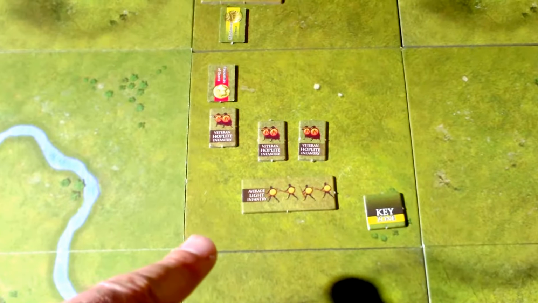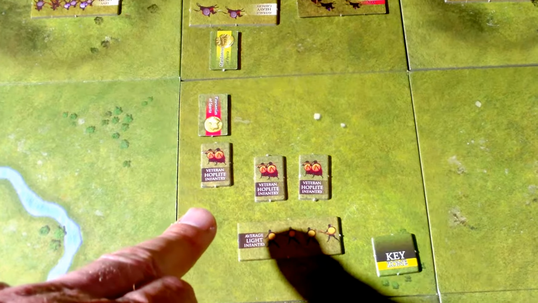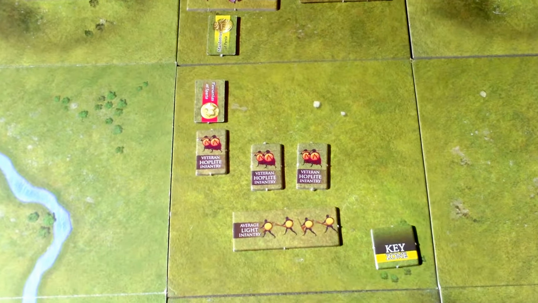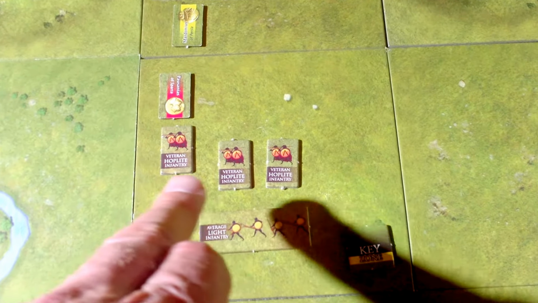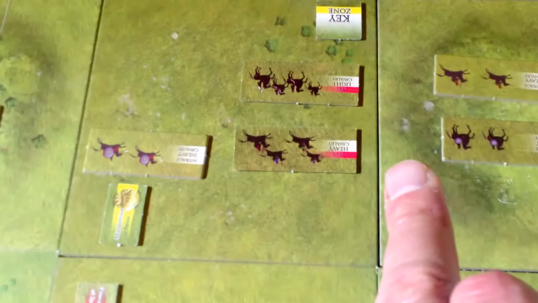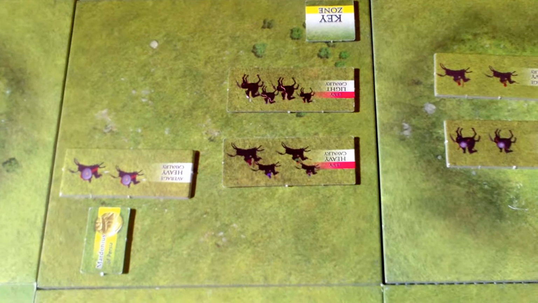They've advanced, they've used their commander to actually launch into an attack with him in the lead. So straight away they're trying to gain the initiative. And the hoplites went into the attack, the 2 that were there, and rolled very well and scored hits on both their levy cavalry units.